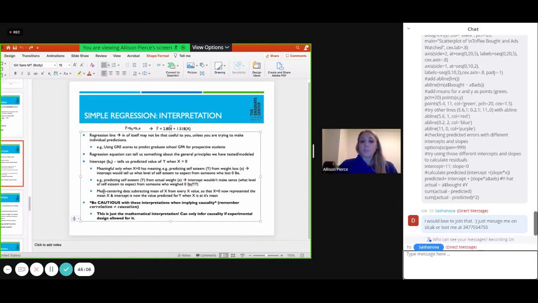So in that case, you want to do mean centering of your data. If you want to be able to interpret your intercept, you subtract the mean of X from every X value that you have. So now when X equals 0, that actually means X equals the mean.